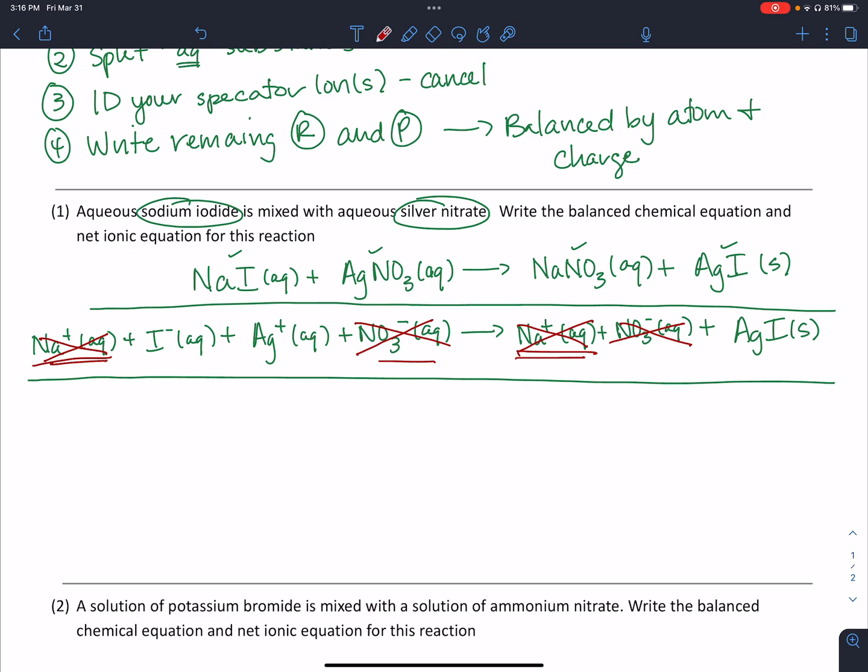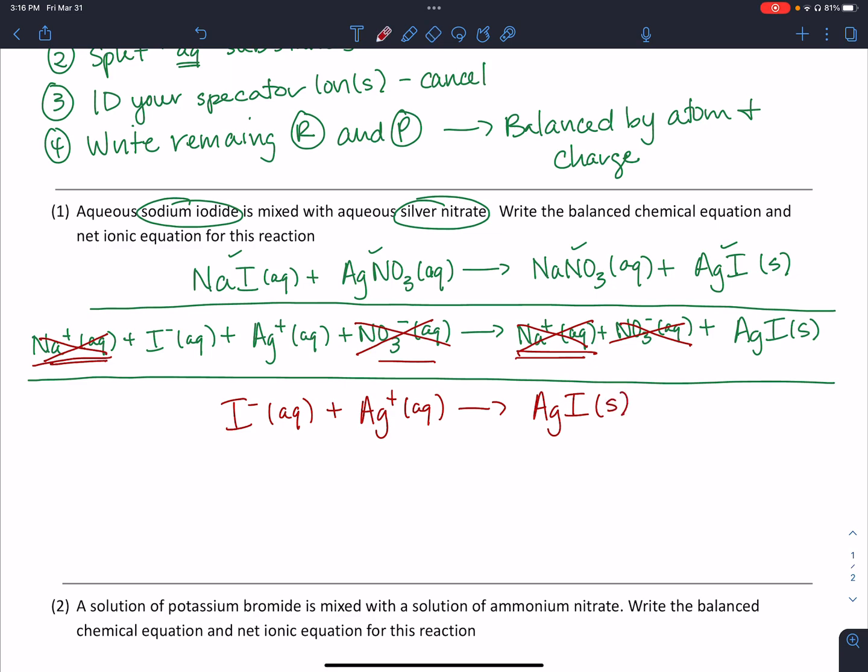I then look and see what's left, and that is going to be my net ionic equation. So I have an iodide ion plus a silver ion, both aqueous, reacting together to form solid silver iodide.